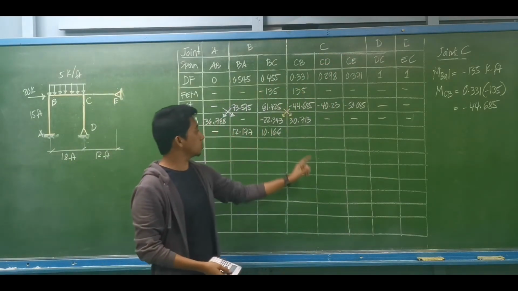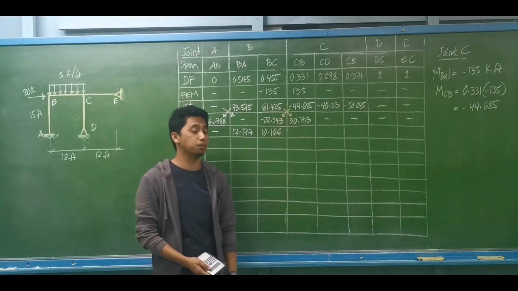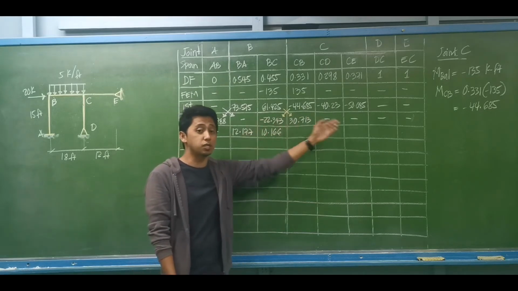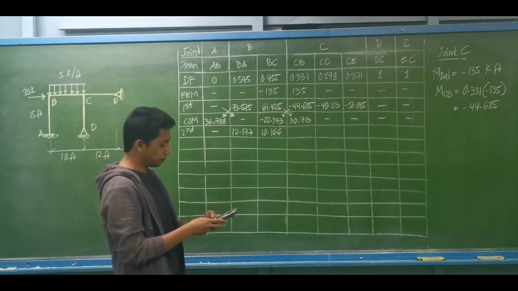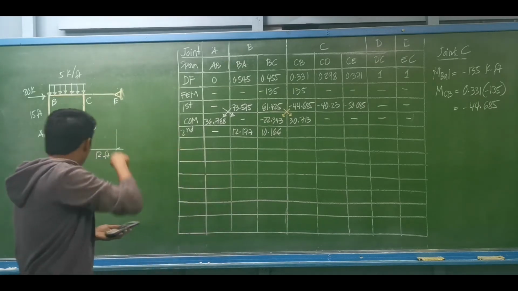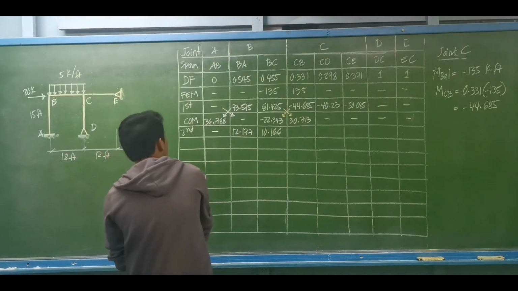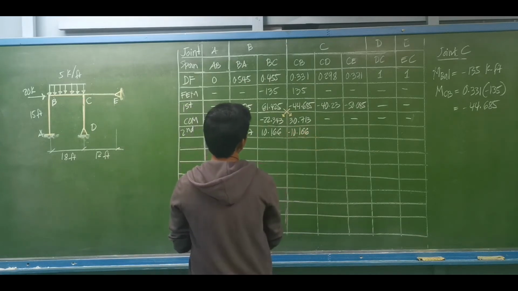Okay? Then, we proceed to joint C. The remaining moment at joint C is 30.713. How to balance that value? Use the opposite sign. Negative 30.713 to be distributed to all spans connected to joint C. So we are using negative 30.713. This is multiplied by 0.331, and that is equal to negative 10.166 for CB.